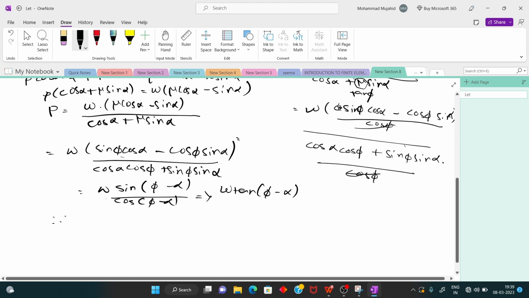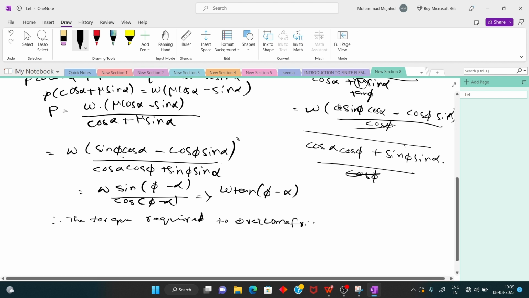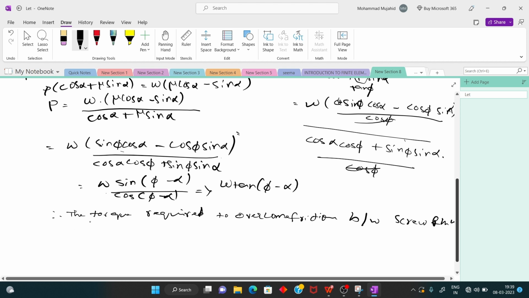Therefore, the torque required to overcome friction between screw and nut is T equal to load into perpendicular distance, that is d by 2.